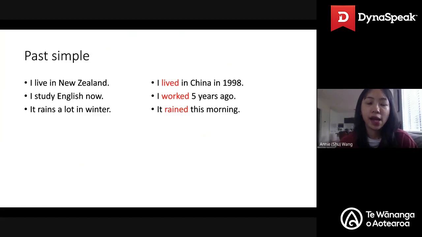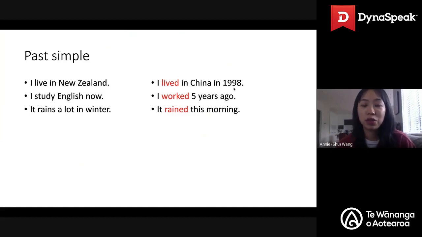Okay, and for regular verbs, we also need to change. Let's look at some examples here. Let's say, I live in New Zealand. This is present simple. It's true. I live in New Zealand now. But back in 1998, that's the past.